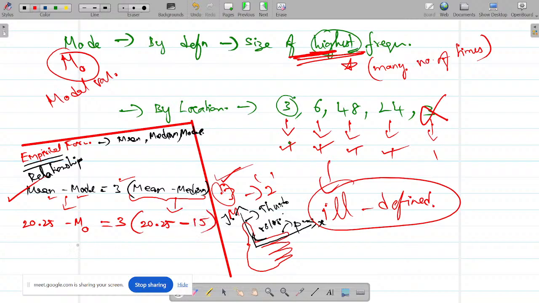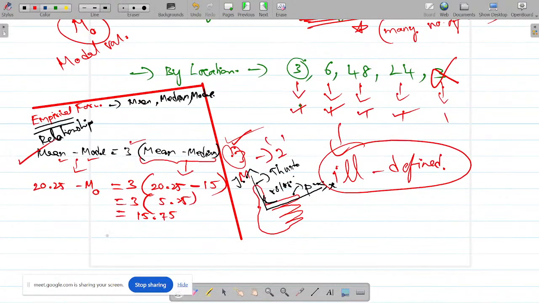So, this is 3 times of 20.25 minus 15. 5.25. What's the value? 15.75. Yes. I'll take everything to the other side. Mode is equal to 20.25 minus 15.75. 4.5, exactly.